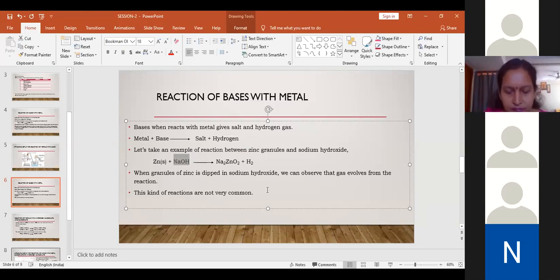Which is more reactive, sodium 35 or sodium 37?